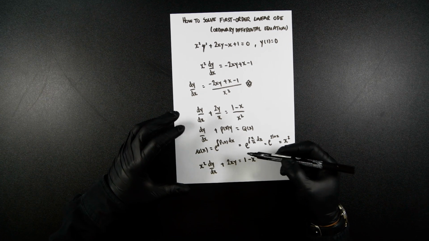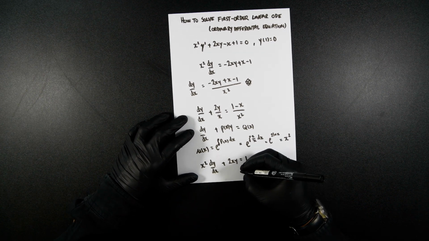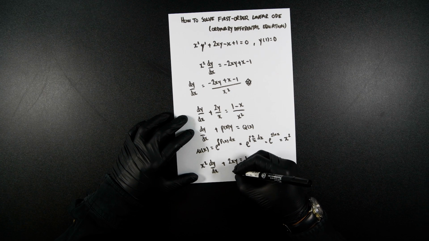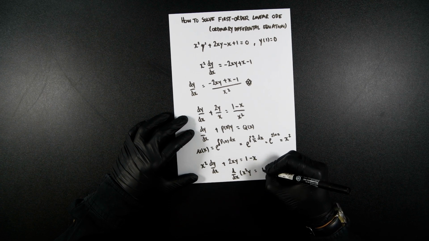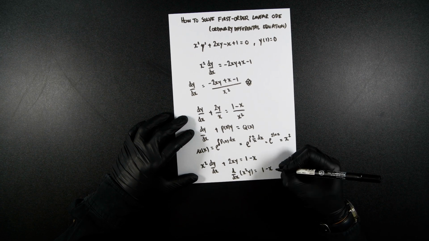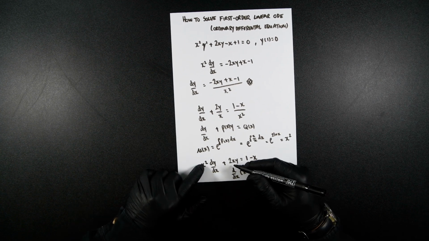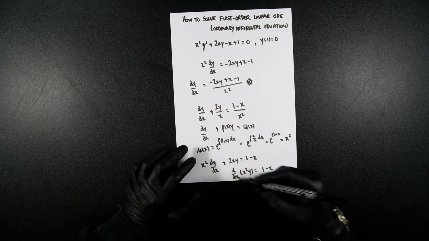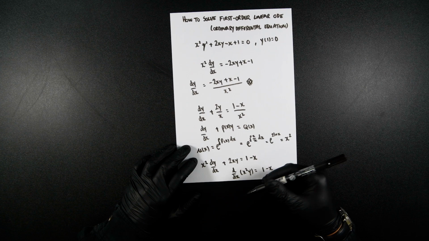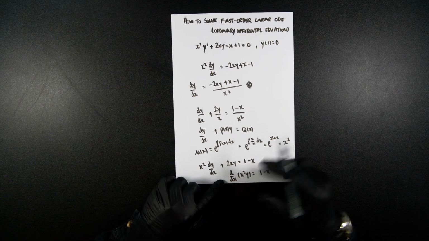But we can simplify this now even further to d/dx of x squared y, which equals 1 minus x. So this part here has been simplified, and the reason for it is because the left-hand side is the derivative of a product.